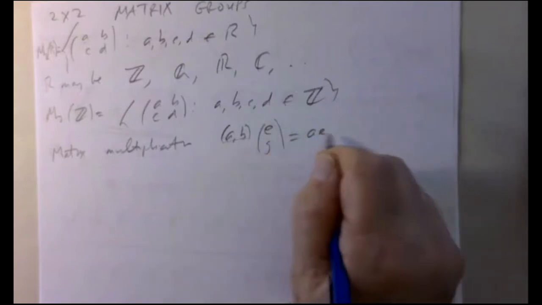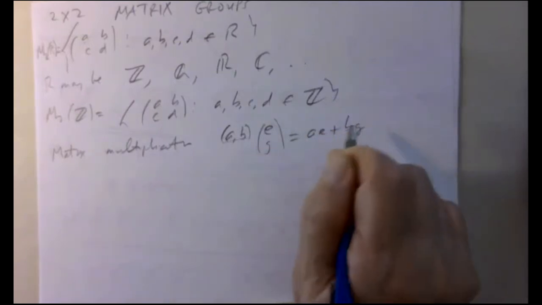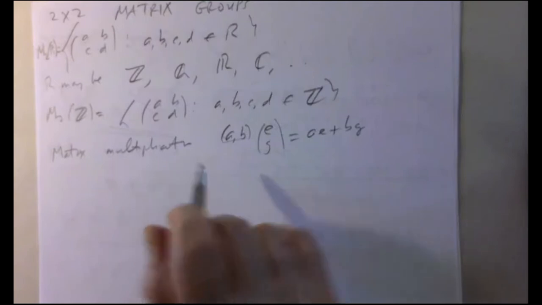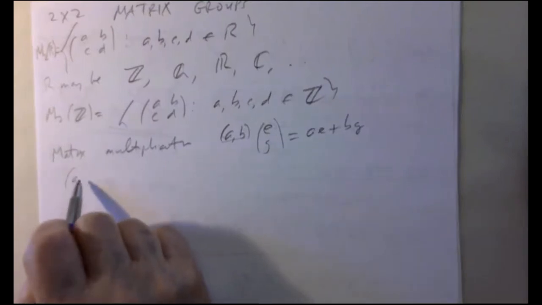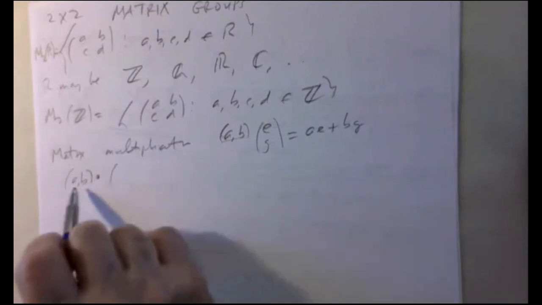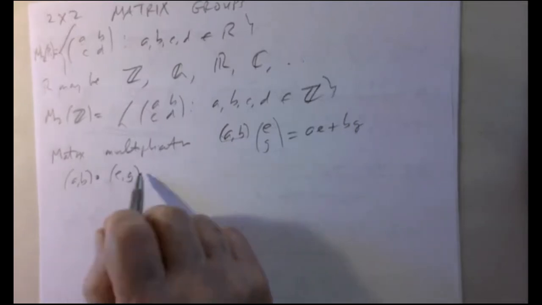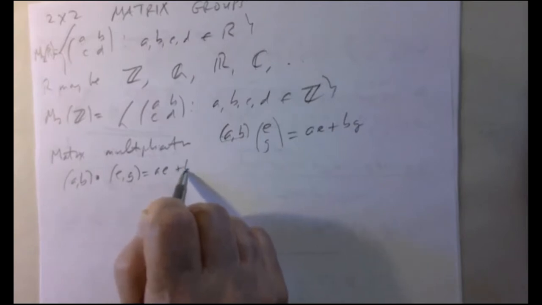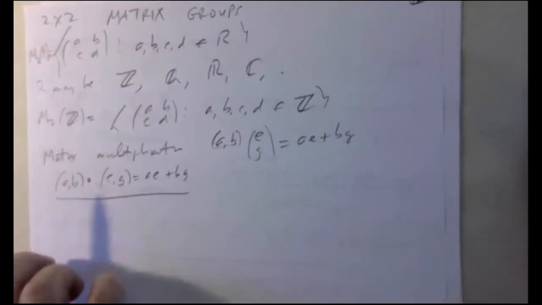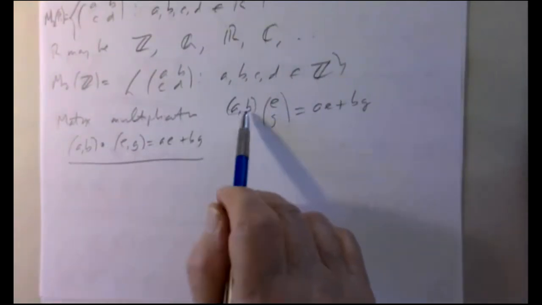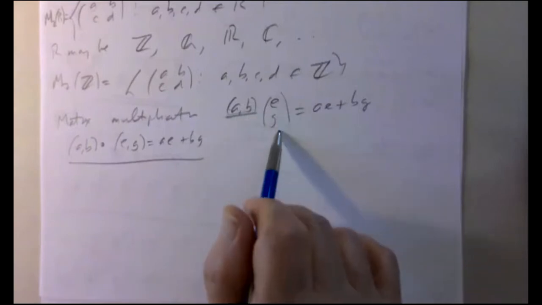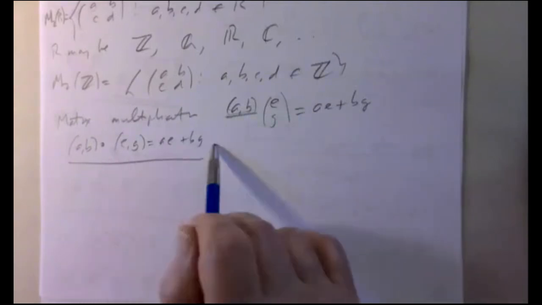This is defined to be AE plus BG. In calculus 3, you write this as the dot product of two vectors, and I write them both as rows. This is the same thing, AE plus BG. And this is the dot product that you see in calculus. And it's the same thing if I write one vector as a row and the other vector as a column, it's still AE plus BG.